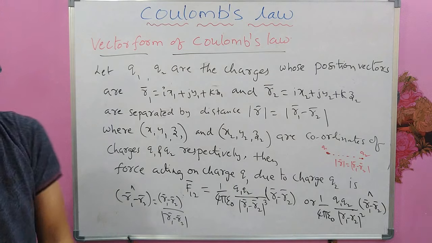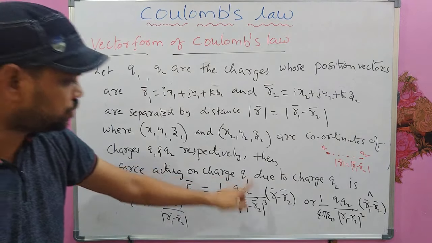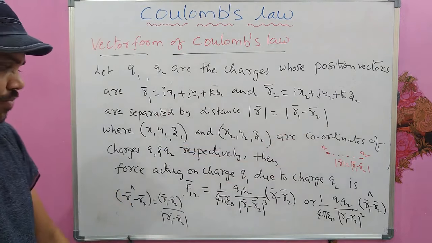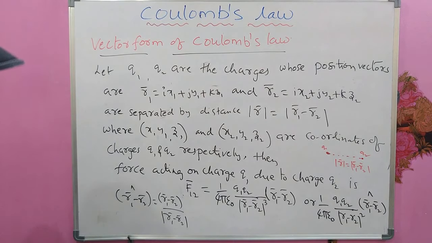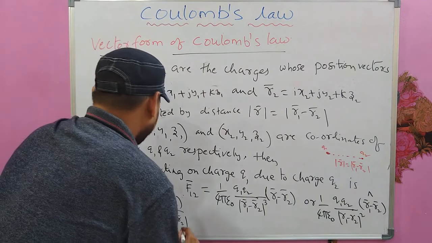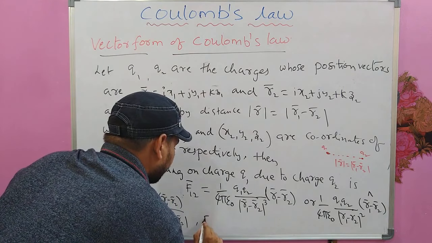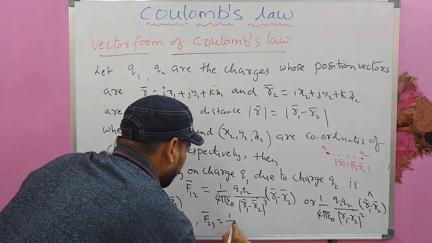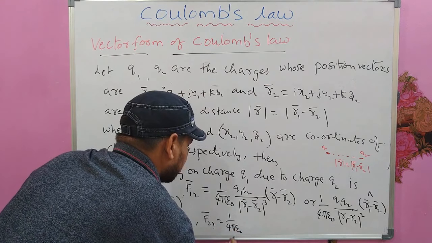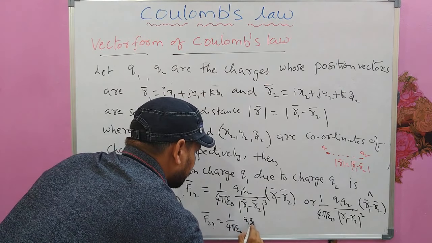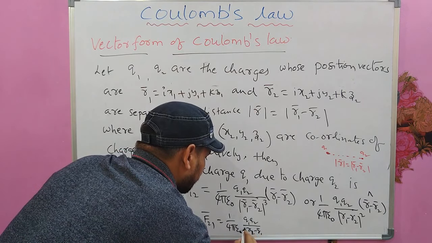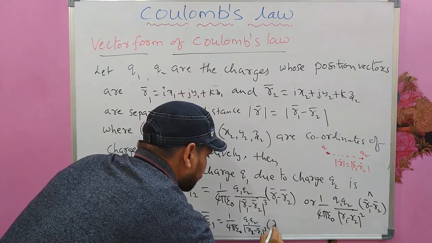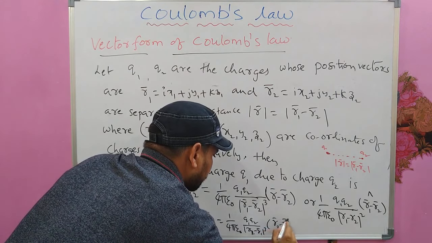Similarly, we can get the force acting on charge Q2 due to charge Q1. F21 will be 1 by 4 pi epsilon naught Q1 Q2 by mod R2 minus R1 cube into R2 minus R1 bar.